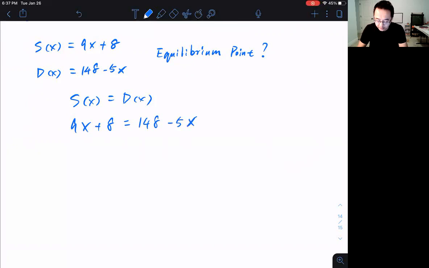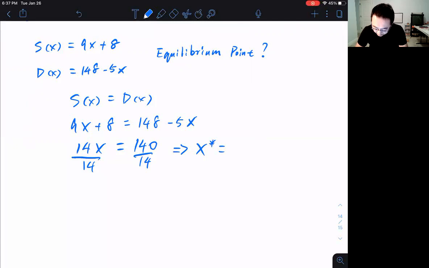So I move negative 5x to the left-hand side of the equation and make it into a positive. So that's 14x. Then you can move the 8 to the right-hand side and make it a negative term. So 148 minus 8 is 140. Divide both sides by 14. And that gives you x at equilibrium. We usually put a star. That is 10.